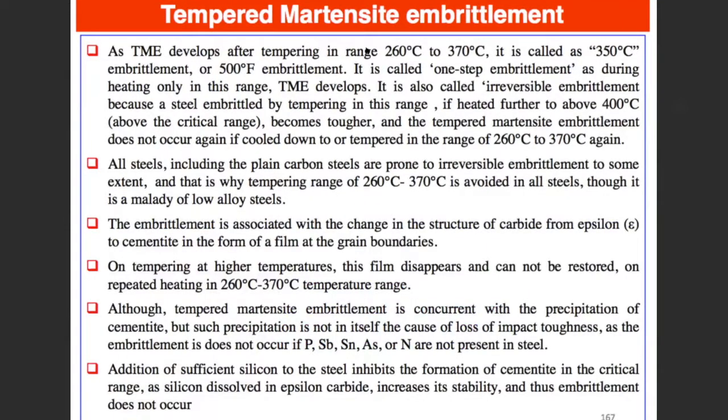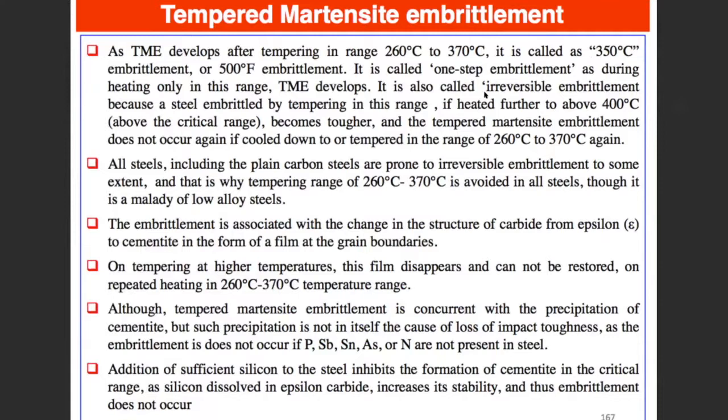So tempered martensite embrittlement is the lower temperature, right? It's 260 to 370, sometimes called 350C embrittlement. One-step embrittlement or irreversible embrittlement, right?